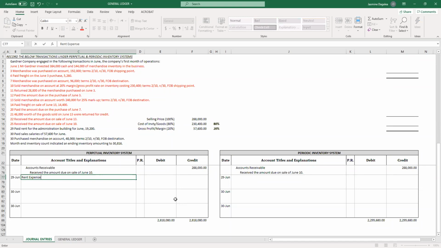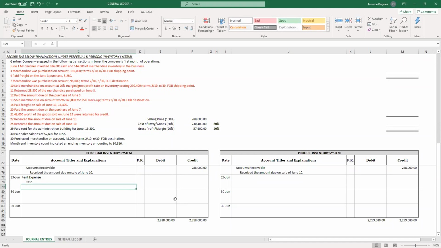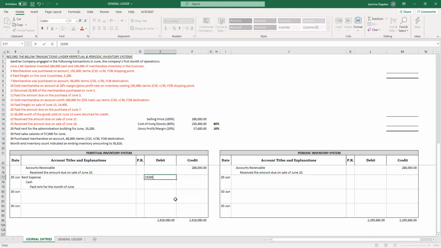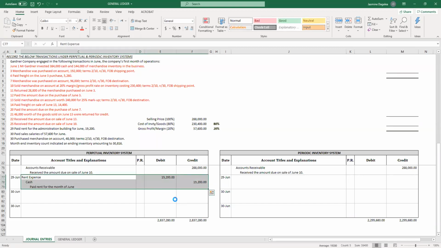So, expense na siya right away kasi 1 month lang naman. Credit, cash kasi nagbayad ka. Okay? So, paid rent for the month of June. Magkano daw? 19,200. So, same lang sa periodic.